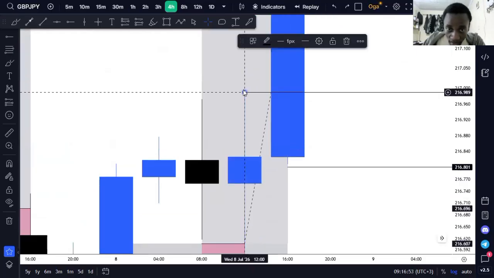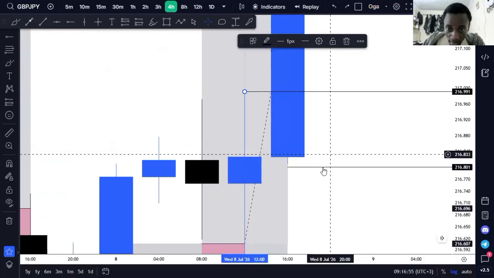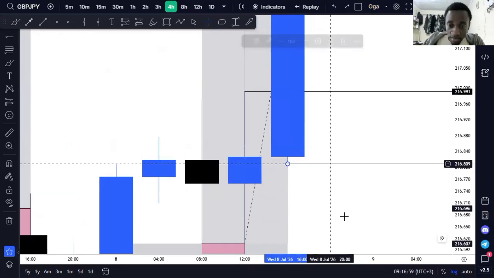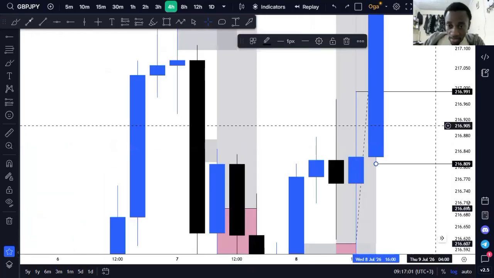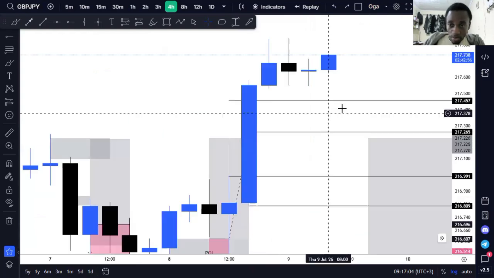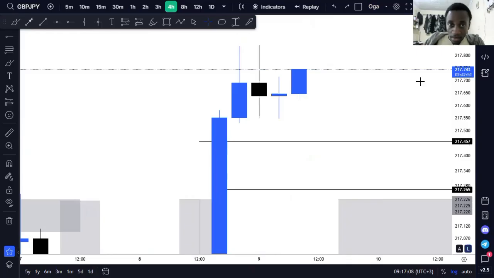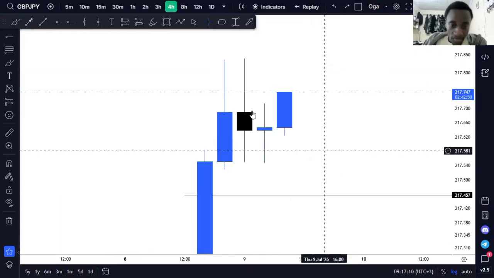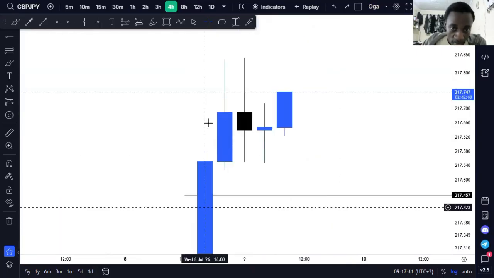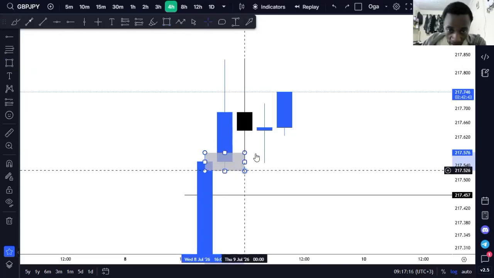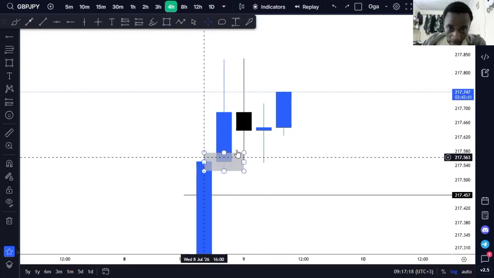If it has a structure on lower time frame, maybe that's the area that can hold price if it's going to pull back to the same area. So you see, right now price is pushing up, but it has reacted to the first call up here.